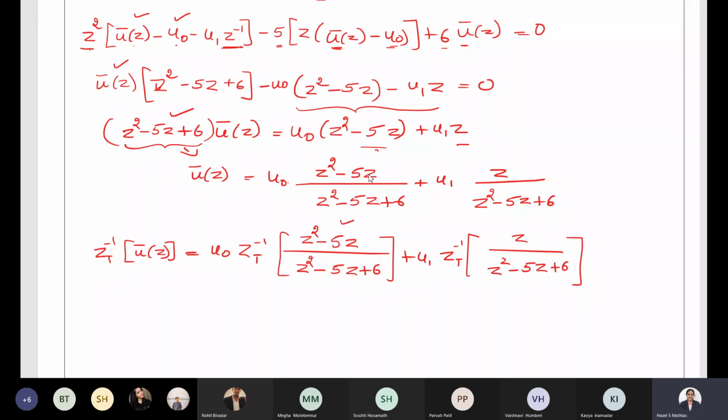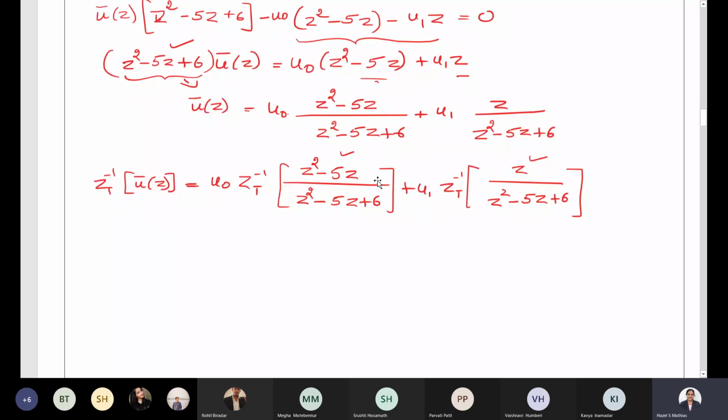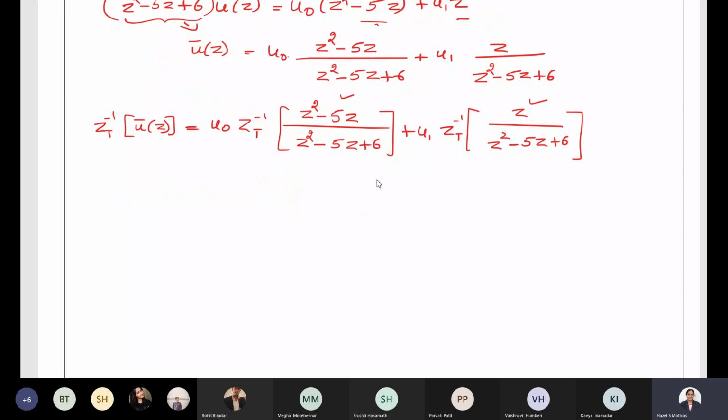Now we need to find the inverse z transform of each of these terms. That is the work which is left over now. So how do we do it? I take this as p of z and this as q of z. So let p of z is equal to z square minus 5z divided by z square minus 5z plus 6.